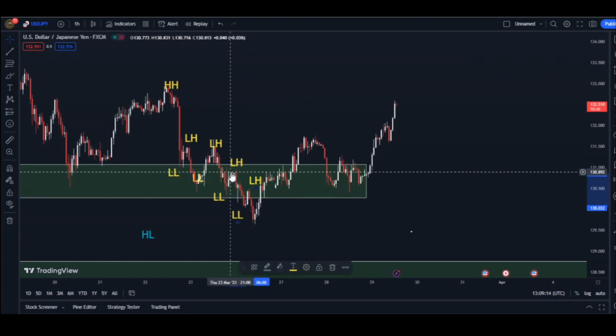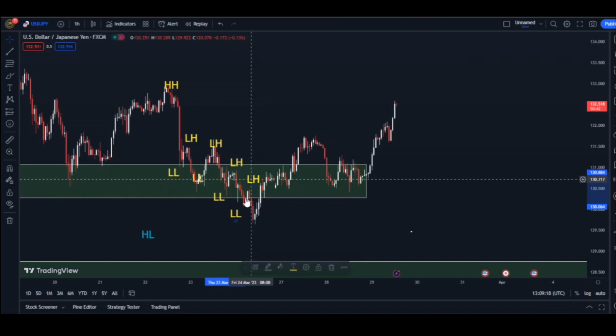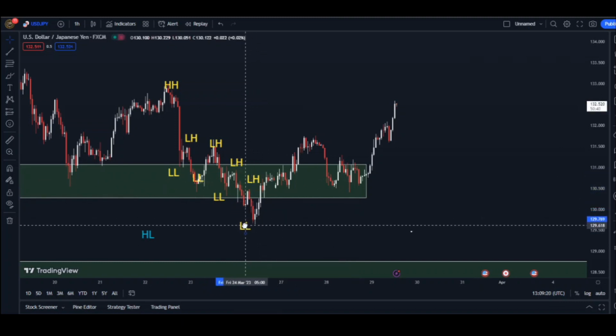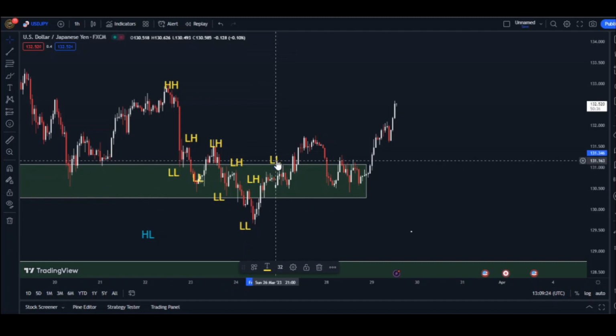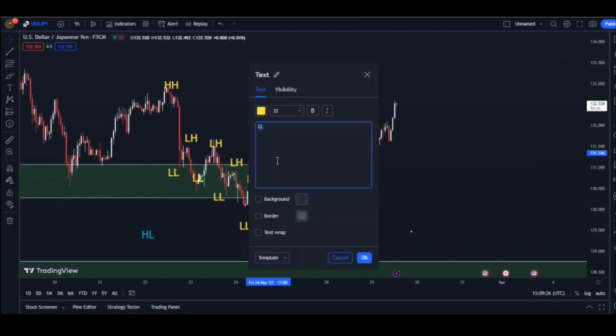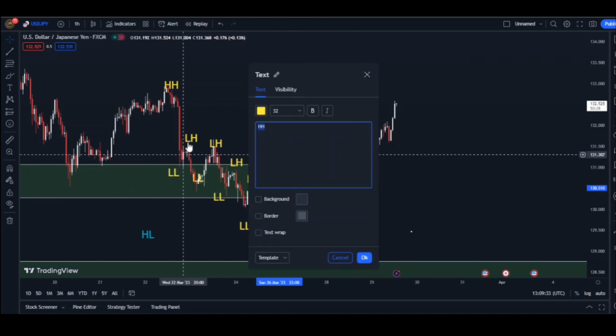All right. So from this area, it's just kind of subjective, but I guess you already know the idea. Lower low, and then what? The market formed a new high, which is a higher high, higher low. Sorry, higher low.